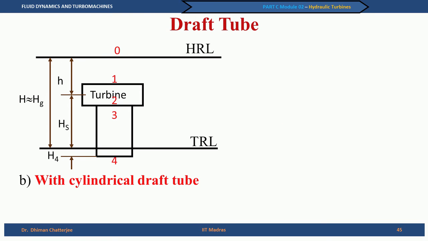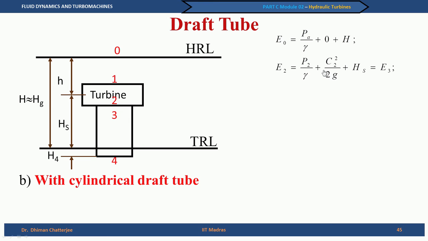So, we start with the cylindrical draft tube. Let us say we fix a pipe, and in this case you have to remember that the pressure at 2 to 3 is not going to be atmospheric pressure. The pressure P2 or P3 is not atmospheric pressure because you have a pipe.